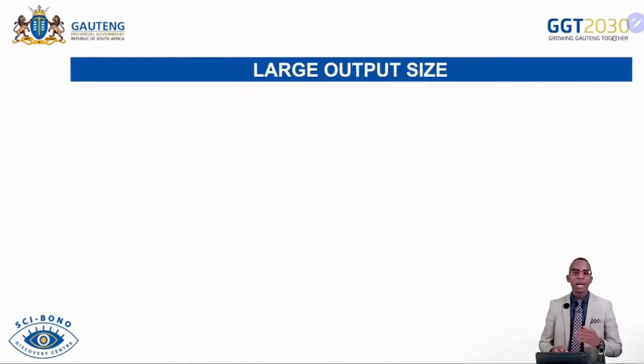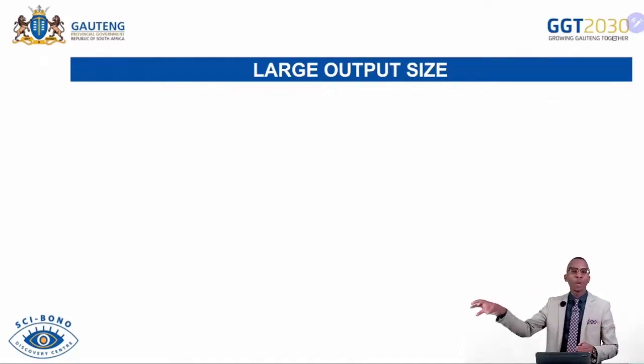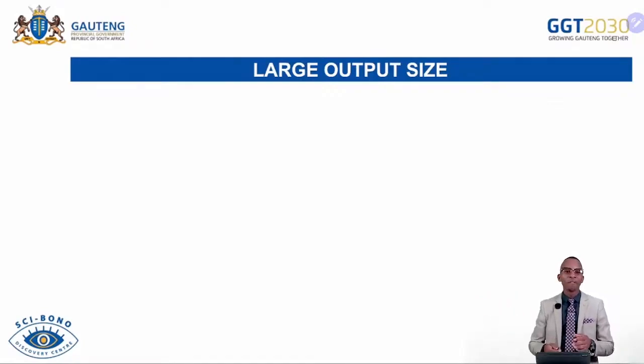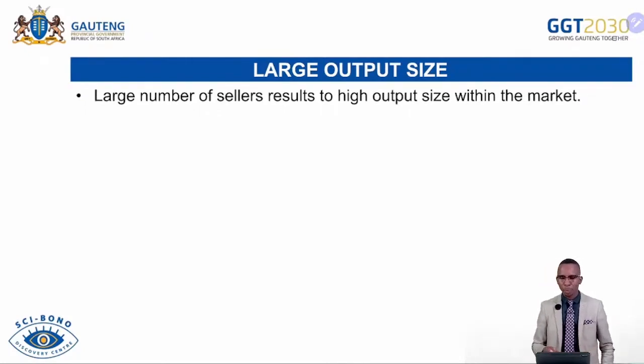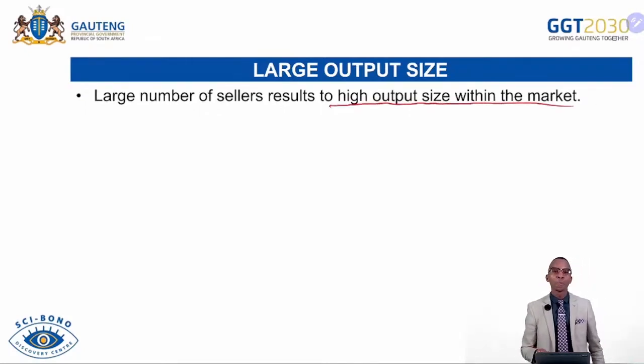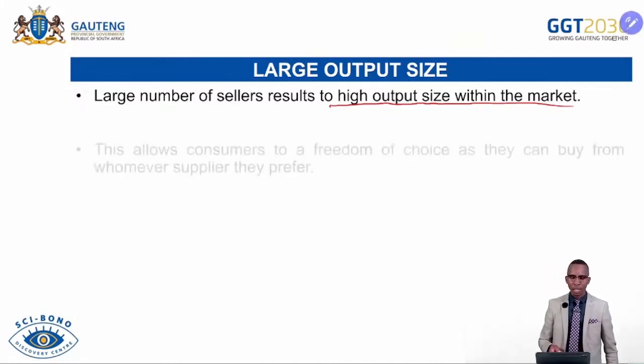That will lead to the large output size because, remember, each firm is producing its own output that allows it to maximize its profits. Therefore, collectively, the sum of all of these outputs produced by individual firms will give us the output size for the industry or the market. So a large number of sellers results in a high output size within the market. Since there are so many sellers, there will always be more output within the market.